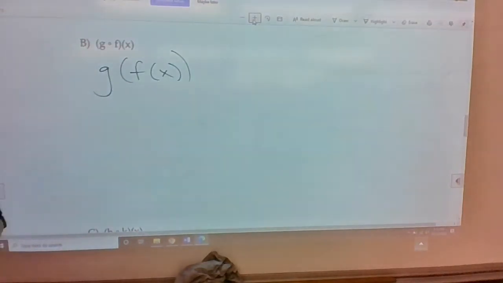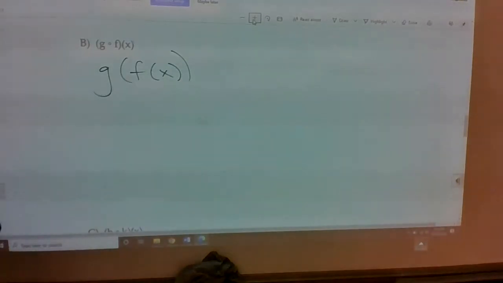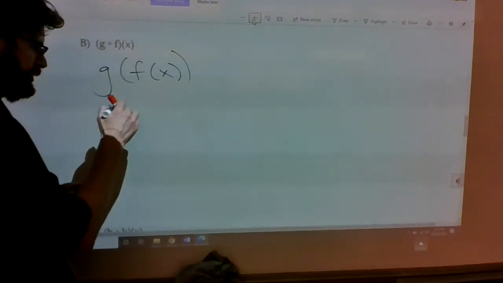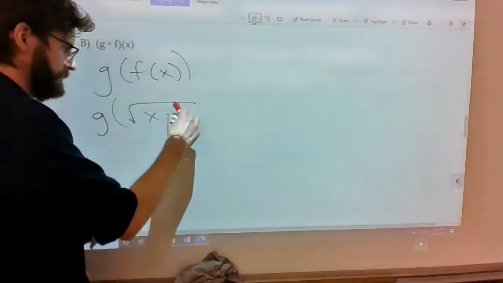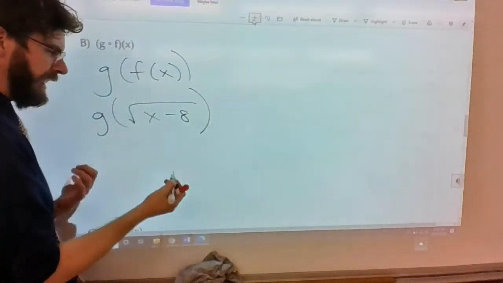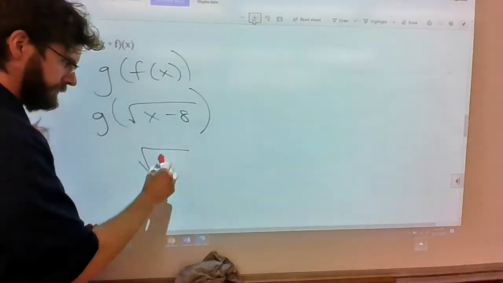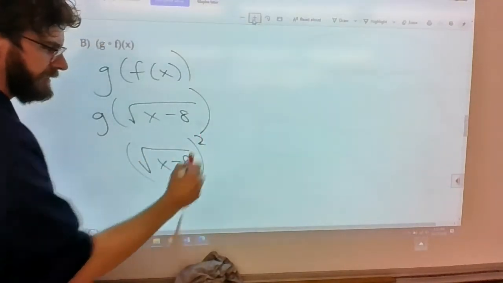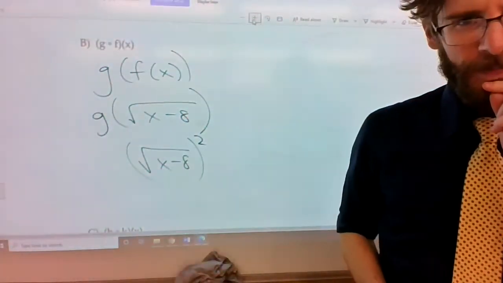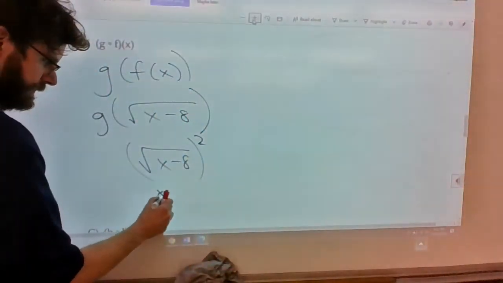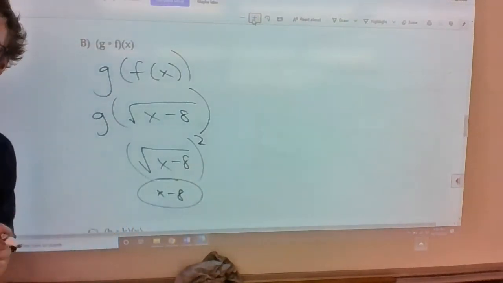Oh, I'm plugging the square root function into the parabola function. You're just squaring it. Doesn't the square just get rid of the square root? Well, that was easy. There's my composite function.